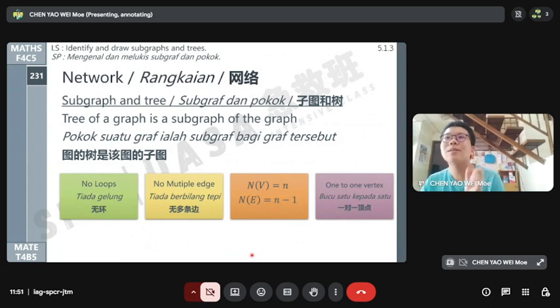That is called a network. Here I prepare some questions involving graphs, trees, unweighted graphs and weighted graphs, and I will also let you draw the network, draw the graph.